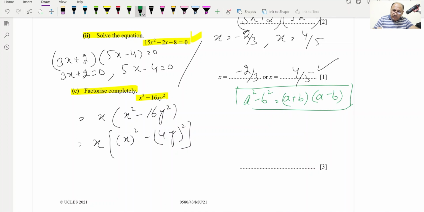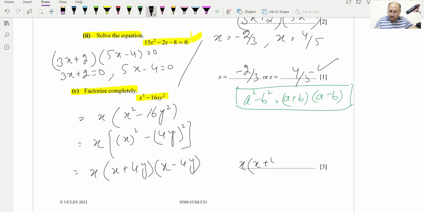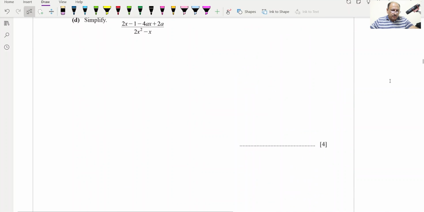This is the formula which we are using, and this will be x into (x plus 4y) and (x minus 4y). This will be our final answer which we can provide over here at the proper place which is provided for the answer. This is a 3-mark question which we are done.